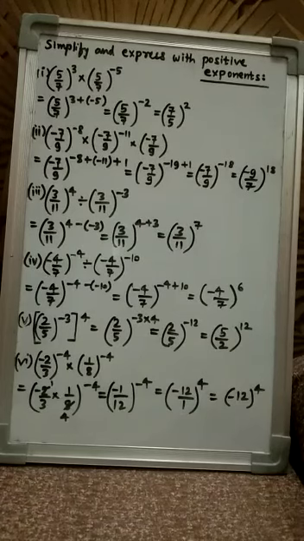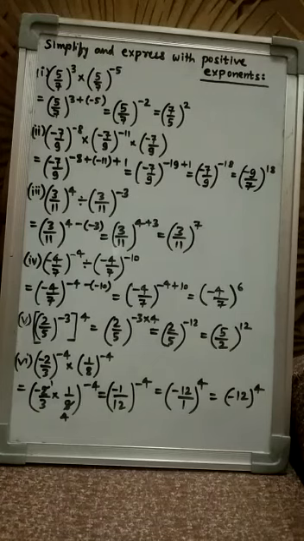Here you can see the power is negative. To convert this negative power into positive, the given fraction will be reciprocal. So 2 by 5 becomes 5 by 2 and the same negative power according to the law of exponent becomes positive. So it becomes 5 by 2 raised to the power 12.